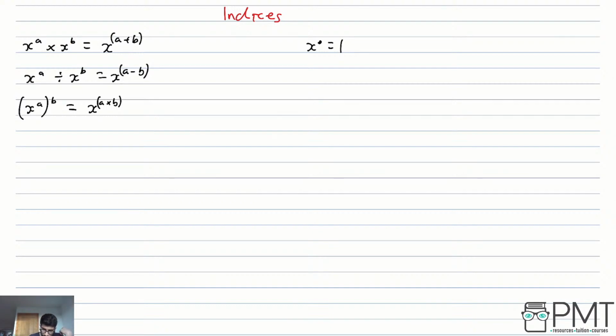So that's the first rule. And then in division, you subtract the powers. And then if you have a power to another power, you multiply them together.